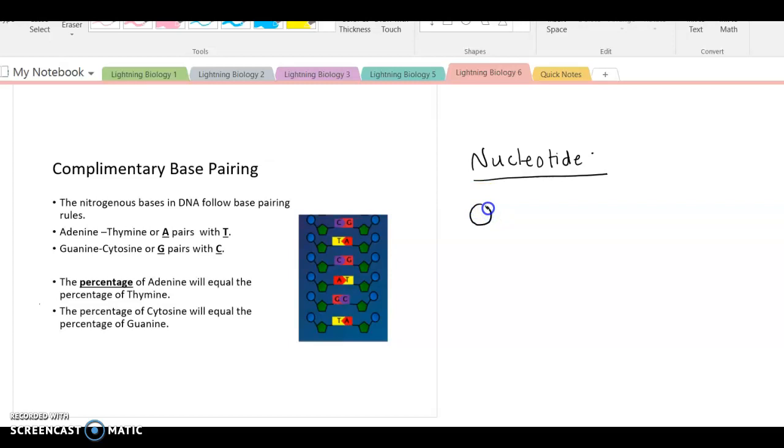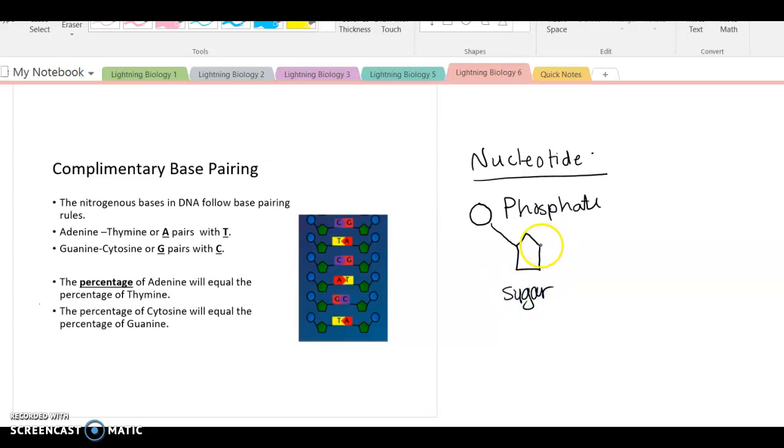It has a phosphate. That phosphate is attached to a 5-carbon sugar, so I draw it as 5 angles of a house. In DNA, that 5-carbon sugar would be deoxyribose. And so this is your sugar.